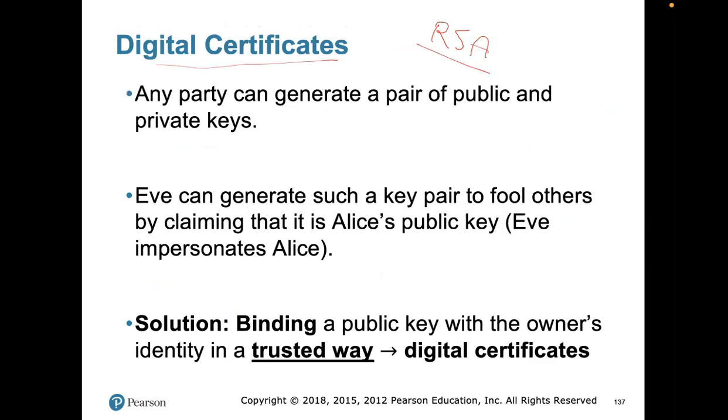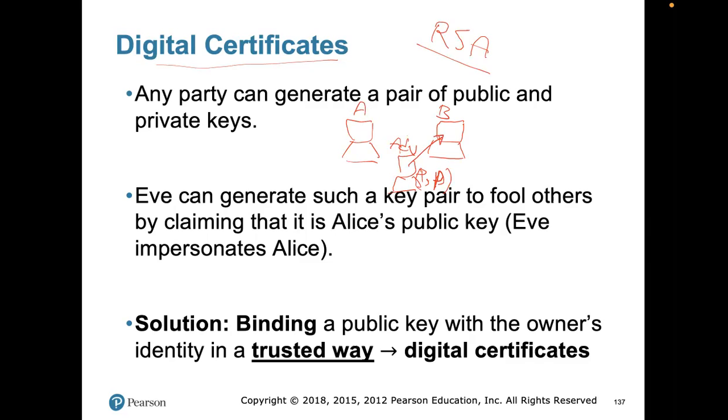The problem that asymmetric algorithms still cannot address is the case where, let's say, you have Alice and Bob, and they are supposed to communicate. Here are Alice and Bob, and an adversary comes. The adversary generates a pair of public and private keys and shares them with Bob, saying, okay, I am Alice and this is my public key.